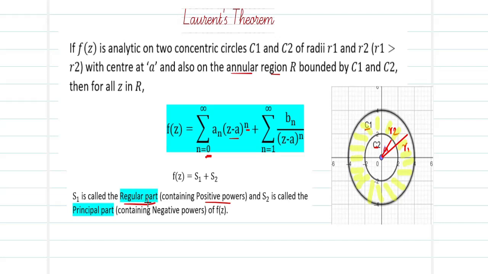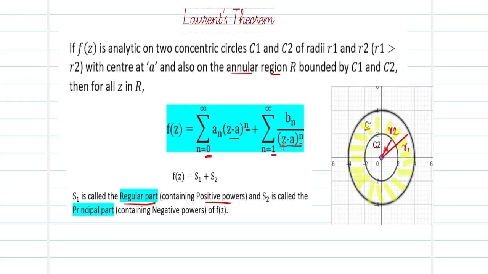So what do we mean by a regular part? It is the part of the series that contains positive powers. Now notice the second part begins with n equal to 1, because we include the constant as n equal to 0, starting with the positive terms, and the negative terms begin with n equal to 1 to infinity, bn, where the denominator contains (z minus a) whole power n.